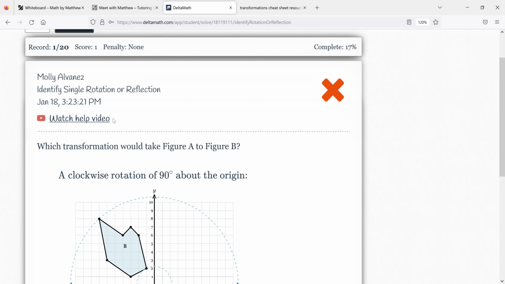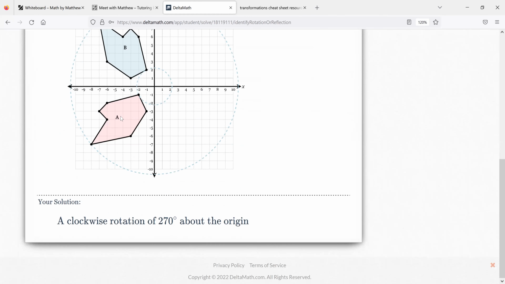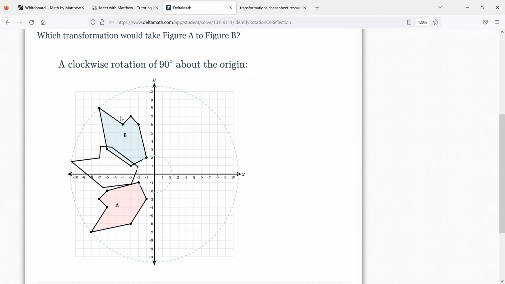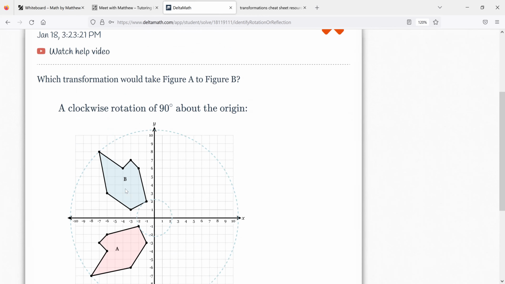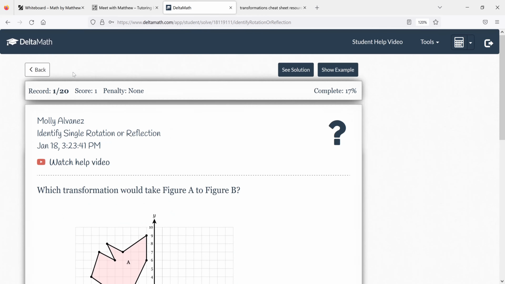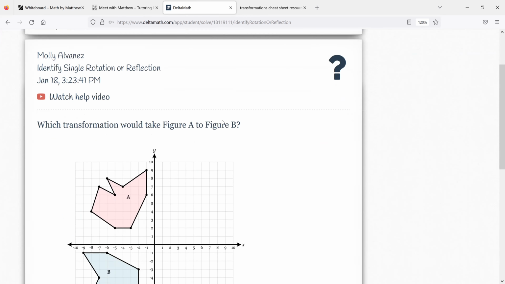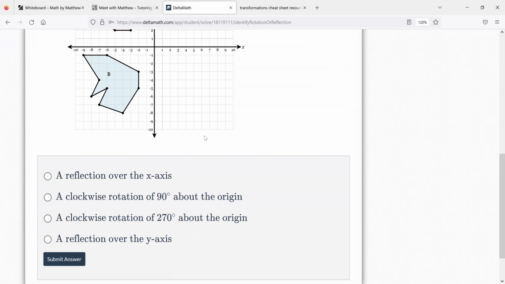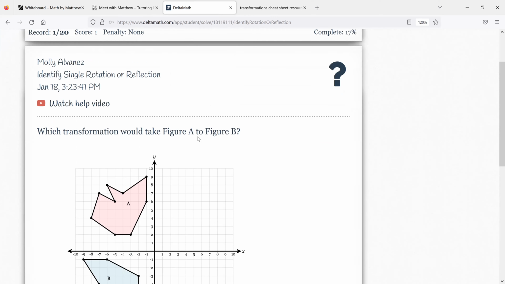Wait a second. Okay, it's showing us clockwise here. Oh yeah, I'm sorry, we had the wrong direction. I was looking at it as B to A. It was A to B. I guess we're not able to redo that, that's okay. Well, I guess you do have to redo it.